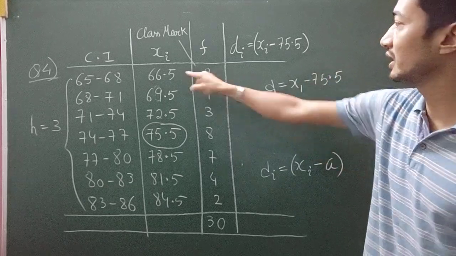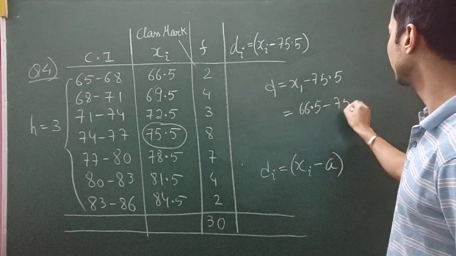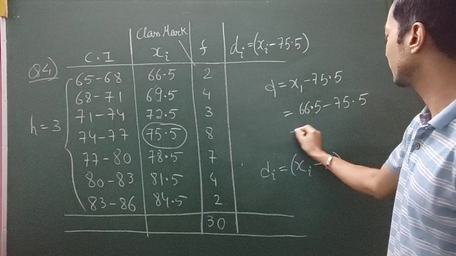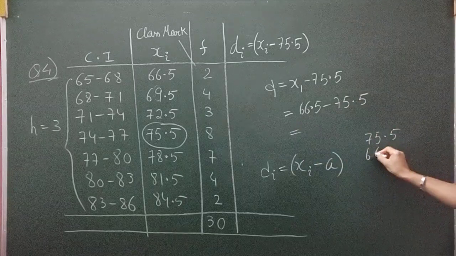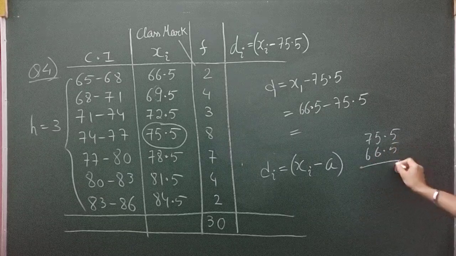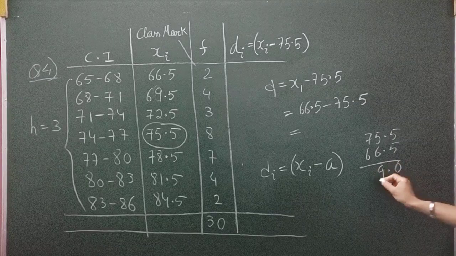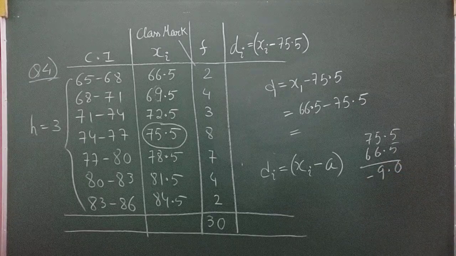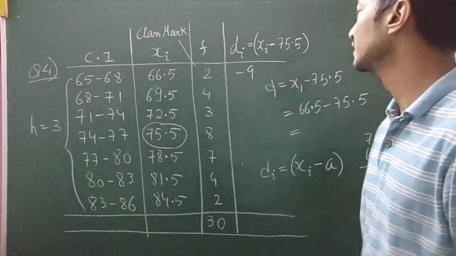What is x1 here? 66.5. 66.5 minus 75.5. If you subtract this, how much are you going to get? That's minus 9.0, so I'll just write minus 9.